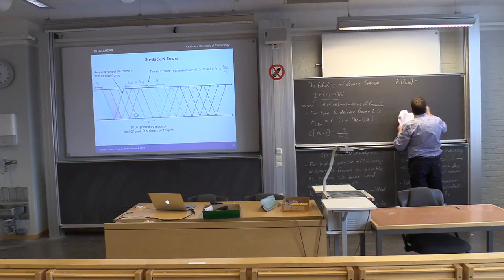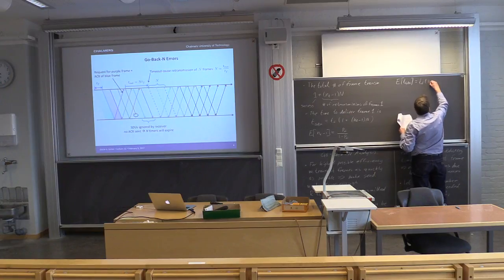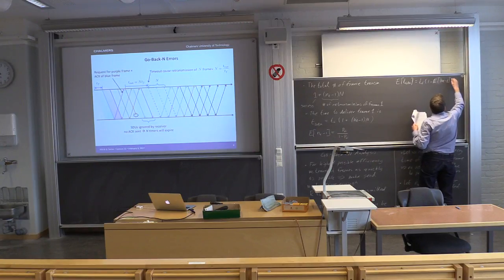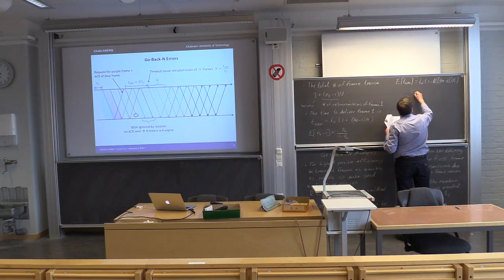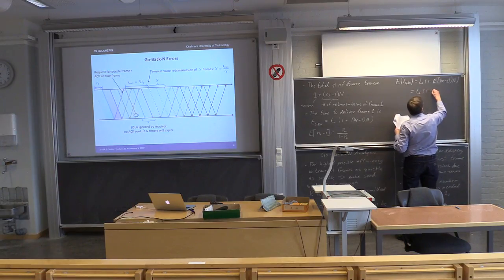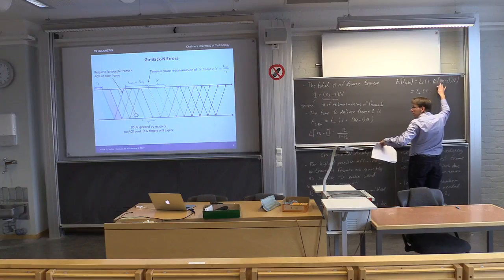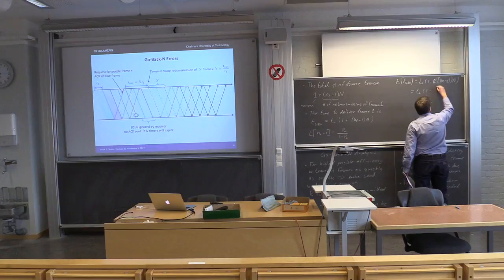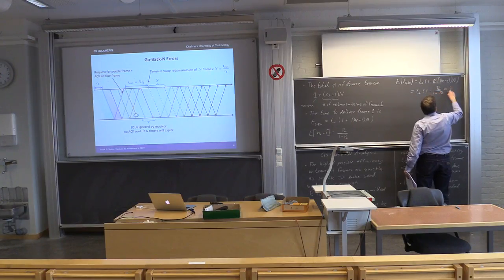Let me do this. So it's Tf times 1 plus the expected value of Nt minus 1 times N, like this. So this is Tf times 1 plus, and then instead of the expected value of Nt minus 1, we put in Pf divided by 1 minus Pf, times N, like this.